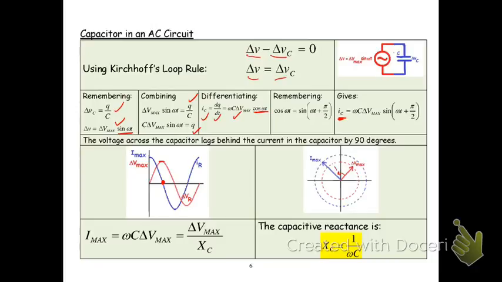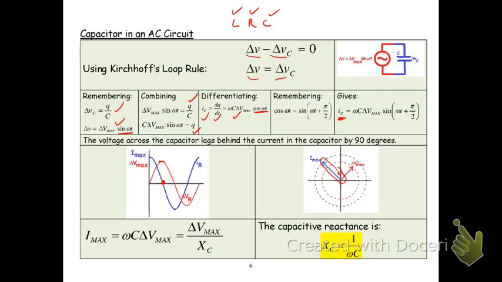Now remember, we're going to link the current to all these three things, so I prefer to say that the voltage is behind in this case. For L, R, C: the voltage is in front, the voltage is where it should be, the voltage is behind. Is there any way I can get an equivalent for resistance on this?